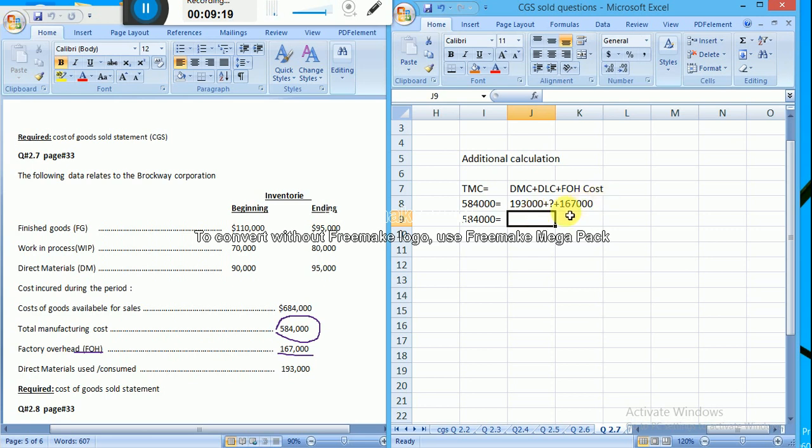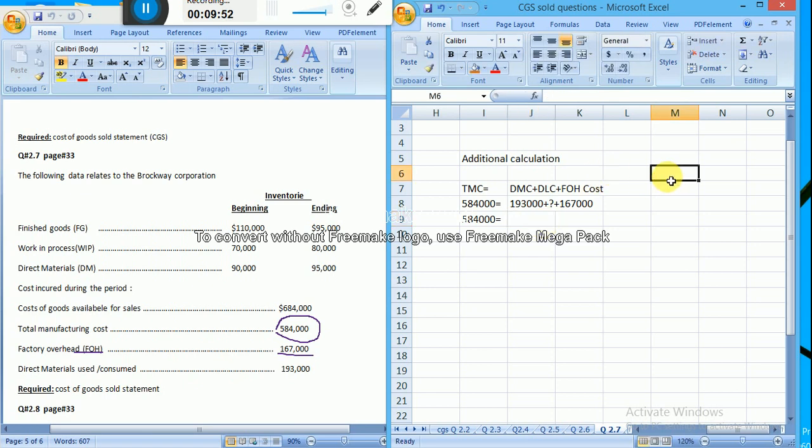1,93,000 plus 1,67,000. Zero plus zero zero, zero plus zero zero, zero plus zero zero, 3 plus 7 is 10, 9 plus 1 is 10, 10 plus 6 is 16. Sorry, just a minute.